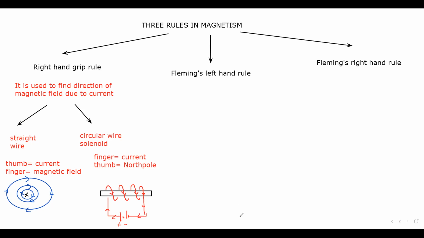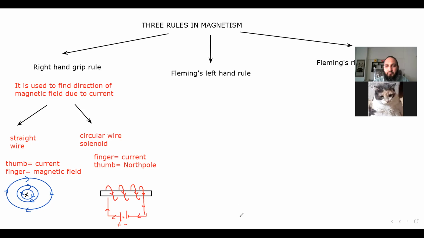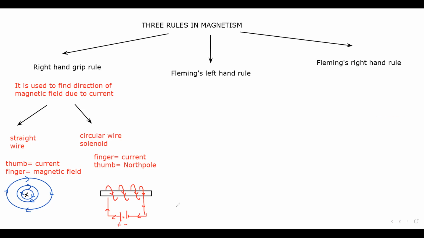Now, how will we apply a rule here? In this example, we'll use the Fleming right hand grip rule. My fingers will turn in the direction of the current. As I grip the wire, my thumb will point towards the north pole. So in this example, the north pole will be on the right hand side and on the left hand side I will have a south pole.